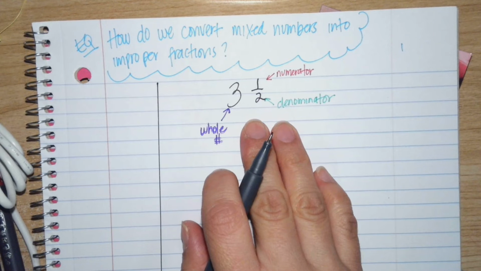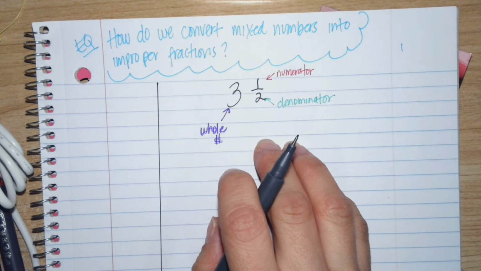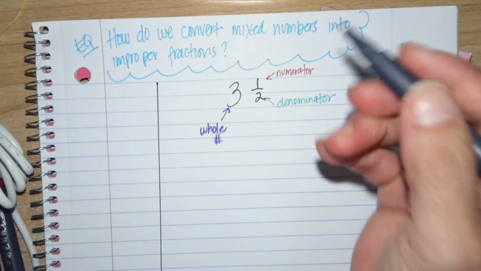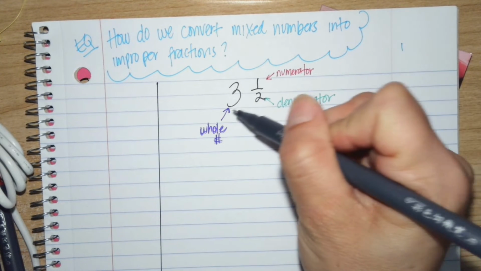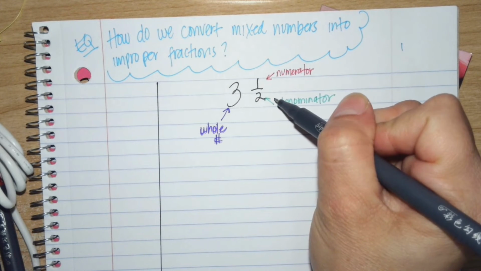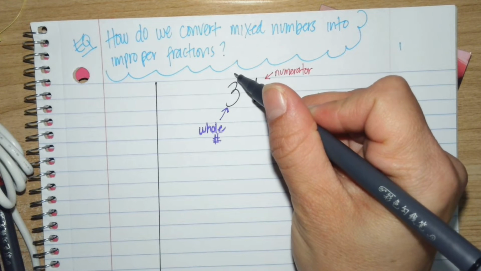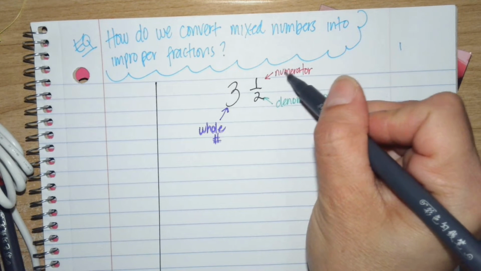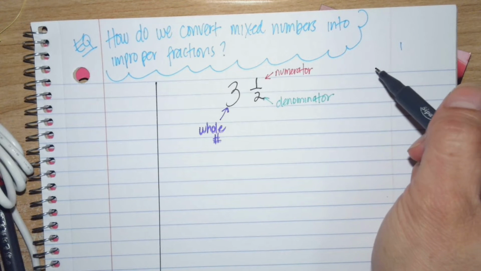So, in order for us to convert this into an improper fraction, we have to perform a couple of operations. We're going to take our denominator and our whole number, and multiply those two numbers together. Then we're going to take the answer we get from that, and add the numerator to it to get the new numerator.